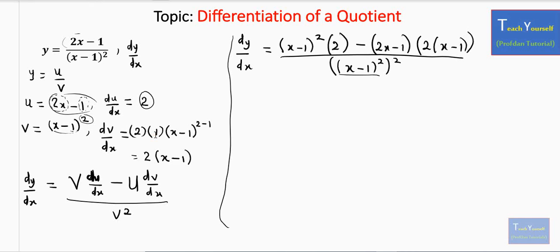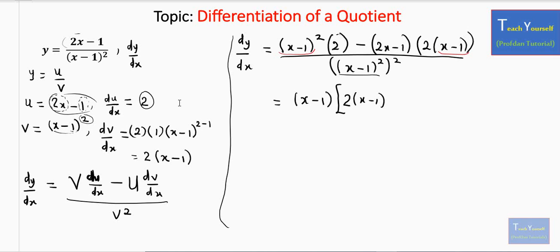Having substituted all the terms, the basic thing to do here is to keep simplifying. If we look at the numerator, we can see the term x minus 1 here, and we have x minus 1 here. So that means we can factorize by simplifying it further. If we take the x minus 1 out, from (x minus 1) all squared we'll be left with x minus 1, and we still have this 2.